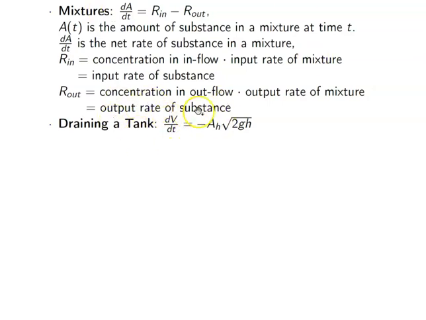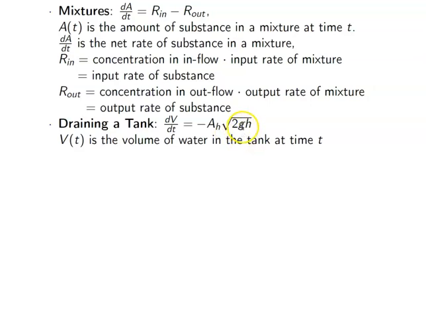So if we're draining a tank, the volume of water at time t is given by negative A sub h times root 2gh. A sub h is the area of the hole that is used to drain the liquid, the water, okay?